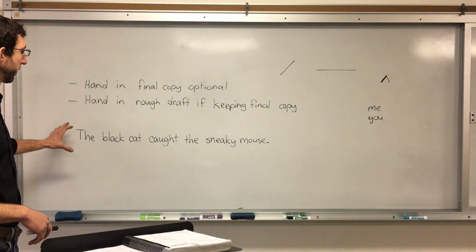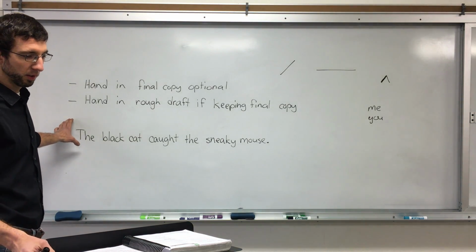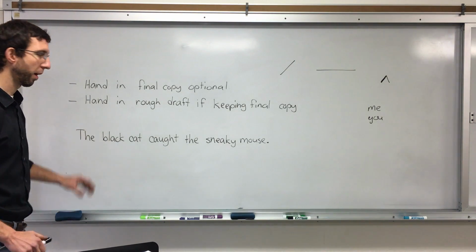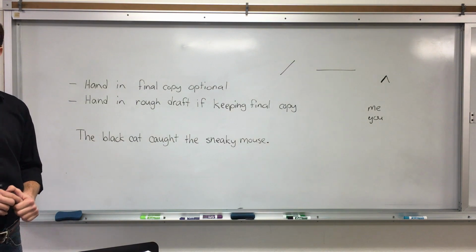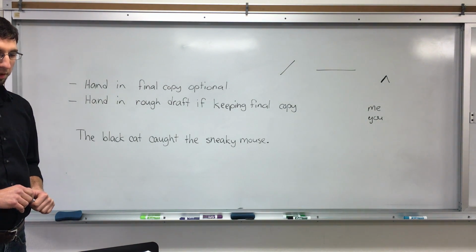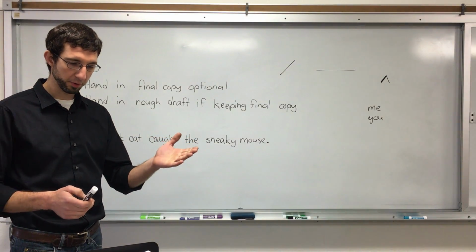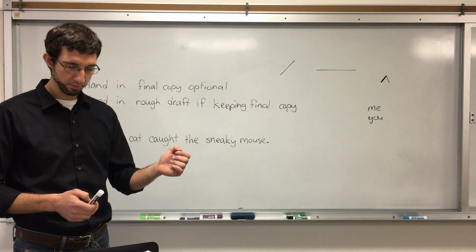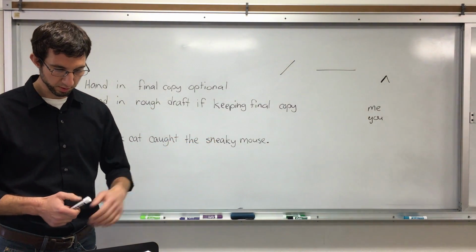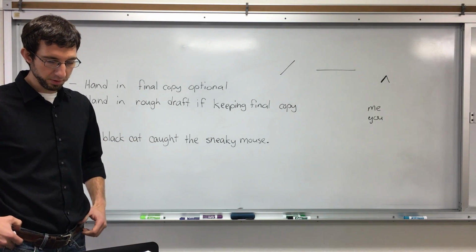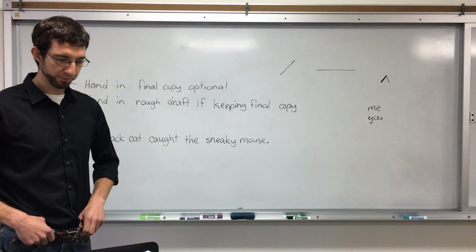Okay, now one other thing that comes up in part F of today's lesson, you're finding direct objects in a sentence. And so first of all, you're supposed to underline the verb twice, and then underline the subject once, and then circle the direct object, and then draw a line between the complete subject and the complete predicate.